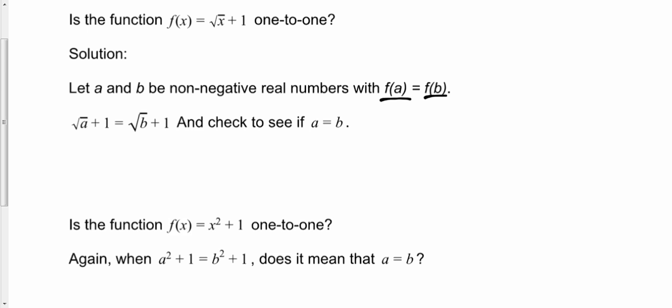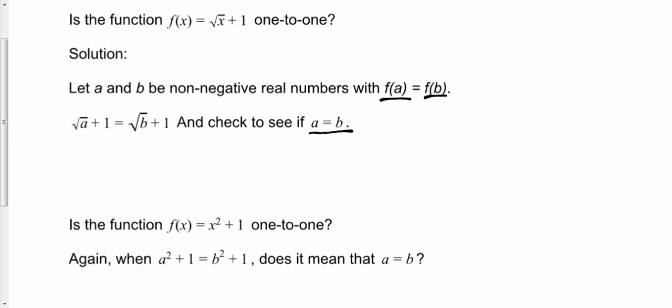Let's go back to the definition. If I go through my algebra and I find out that a must equal b, then guess what? One-to-one. If I have a scenario where a does not necessarily equal b, then not so much, right?